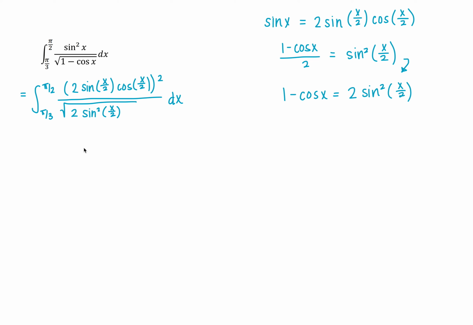Now I'm going to square everything in the numerator, and I'm going to deal with the radical in the denominator, and we'll see what we have left. So in the numerator, I have 4 sine squared x over 2 cosine squared x over 2.